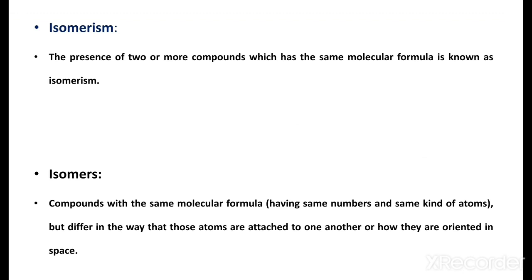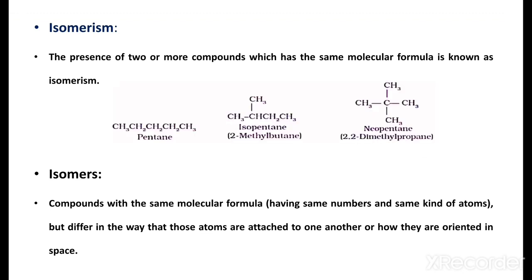Look at this figure. Here you can see 3 different forms of a chemical compound which have the same chemical formula but different structure and arrangement of atoms. In the left corner there is 5 carbon containing pentane, which is arranged in a linear fashion.